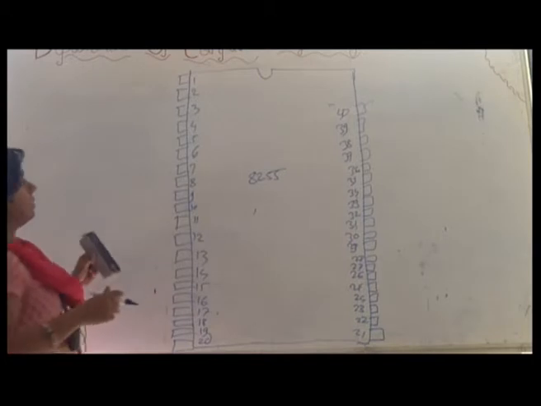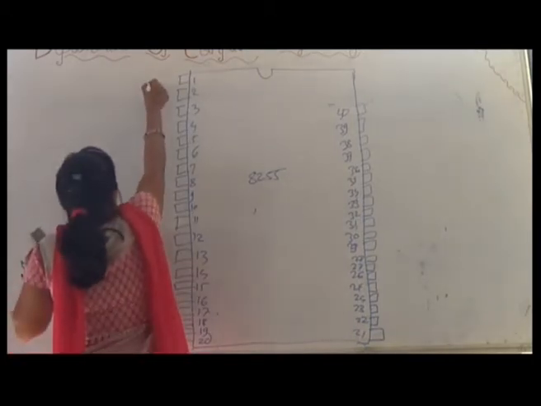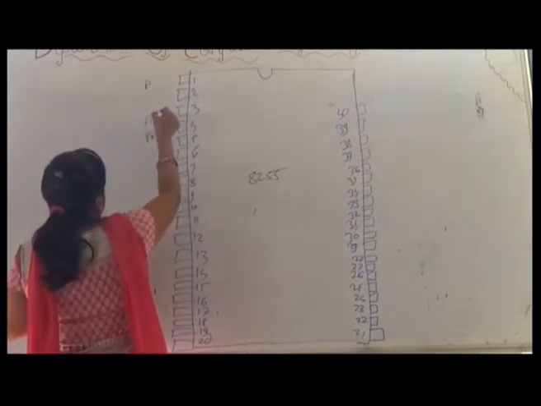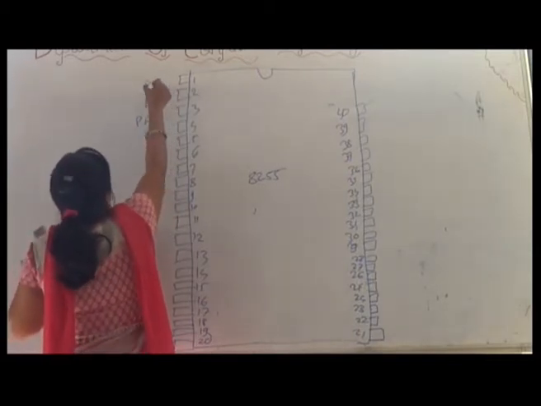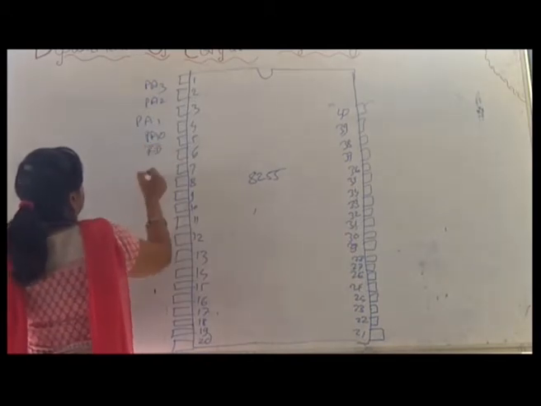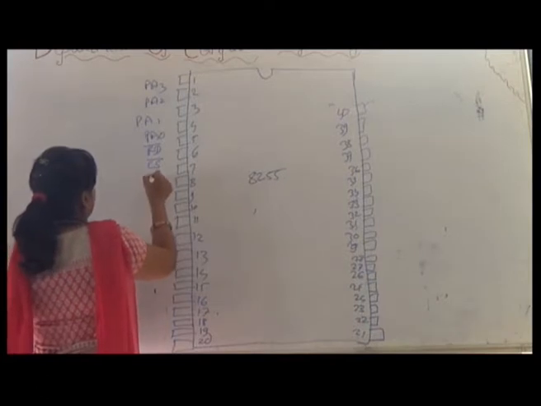We will give a name to each and every pin. First pin, we start here: PA, the port A pins, PA0, PA1, PA2, PA3, port A. Next pin is the read pin, next is chip select, next is ground.